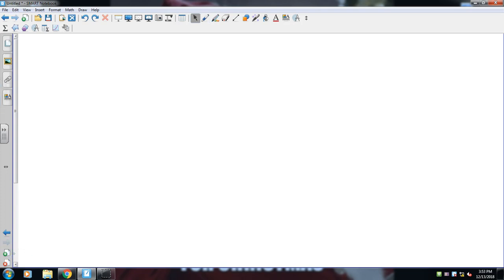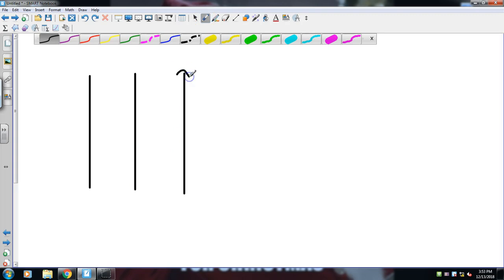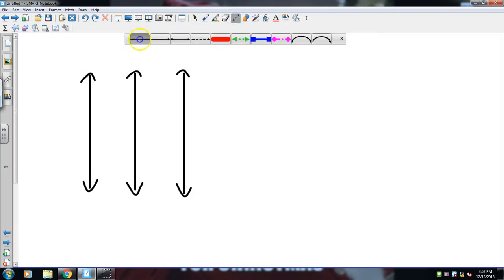Okay, and the next one has to do with parallel lines. So let's say we have 3 parallel lines. I mean, you're just walking down the road and you just randomly see 3 parallel lines. And in this case, those parallel lines are cut by transversals.